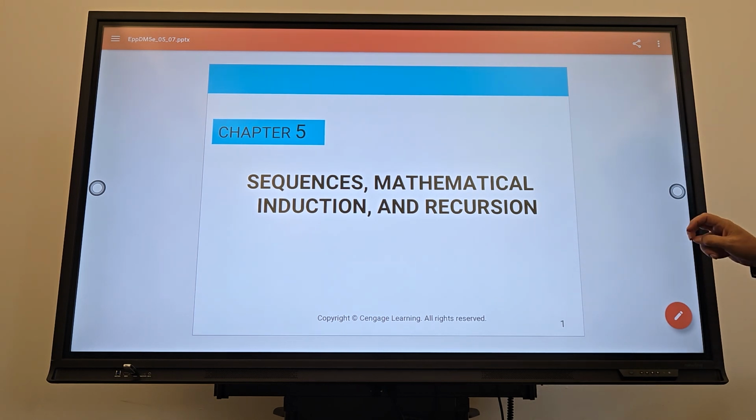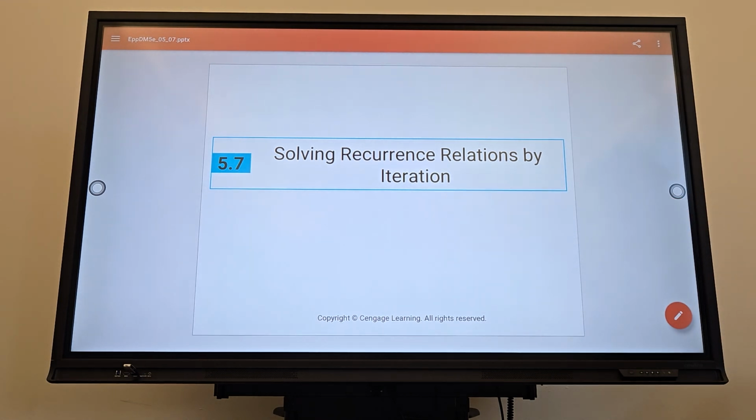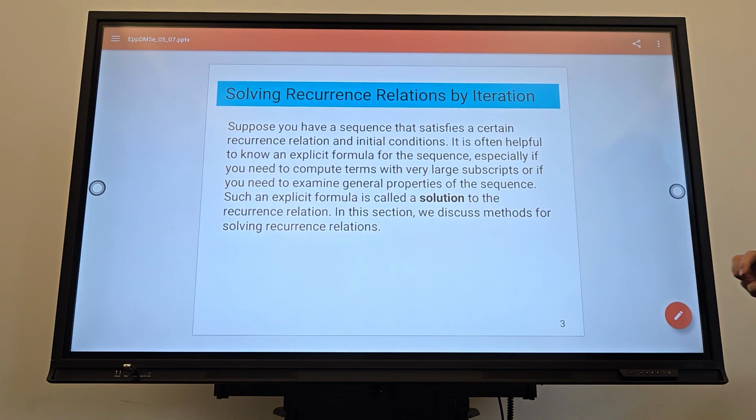So sequences in recursion continue with solving recurrence relations by iteration. Suppose you have a sequence that satisfies a certain recurrence relation and initial conditions. It is often helpful to know an explicit formula for the sequence, especially if you need to compute terms with very large subscripts or examine general properties of the sequence.